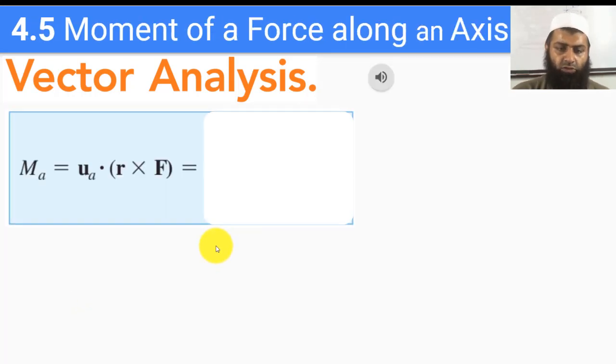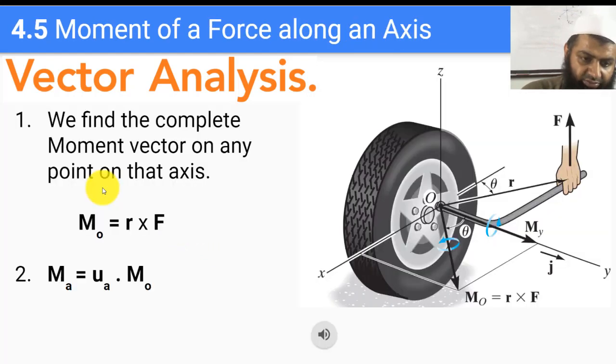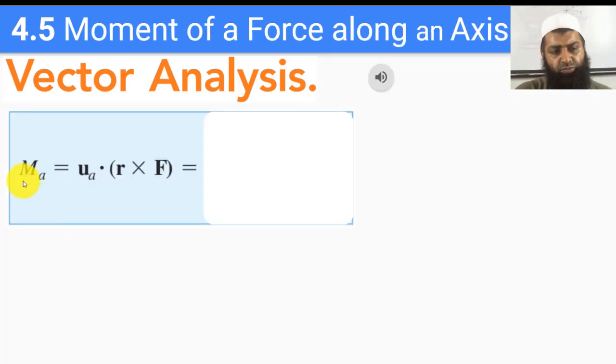Okay, so to summarize all of the results given here, we can say that the scalar form of the moment of a force along an axis is given by UA, which is the unit vector along that axis, dotted with the position vector R cross F. F is the force.